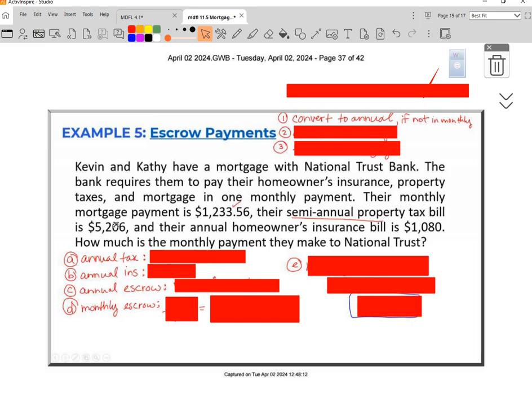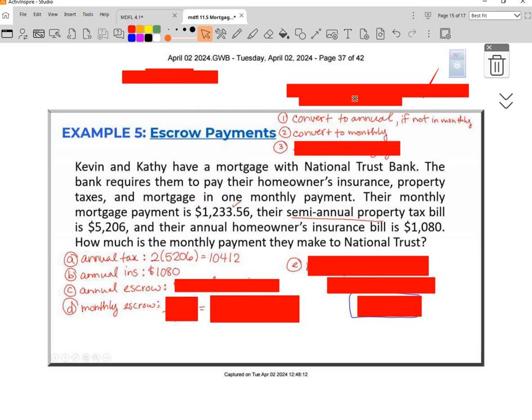The semi-annual property tax is $5,206. If we convert that to the annual taxes, we just multiply that by 2. The insurance payment is already given as an annual bill, $1,080.